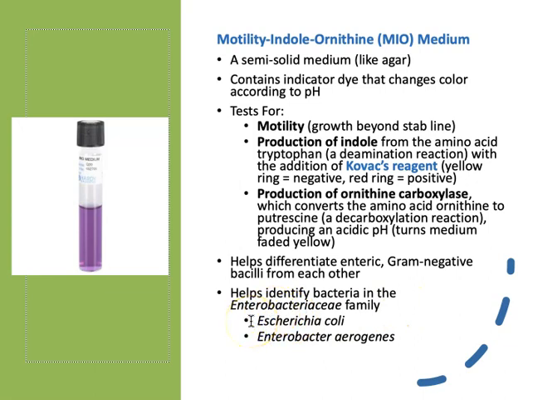E. coli belongs to this family, as does another gram-negative rod called Enterobacter aerogenes. So this is a test that will help us tell these 2 organisms apart, as well as lots of other gram-negative enteric bacilli.